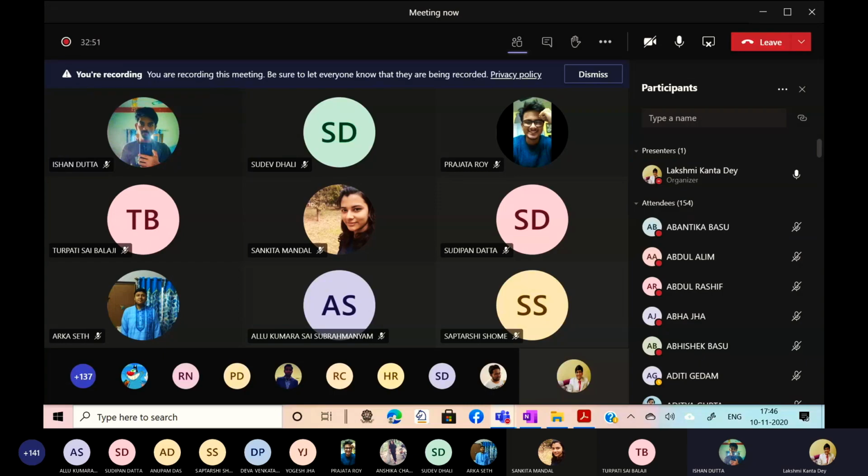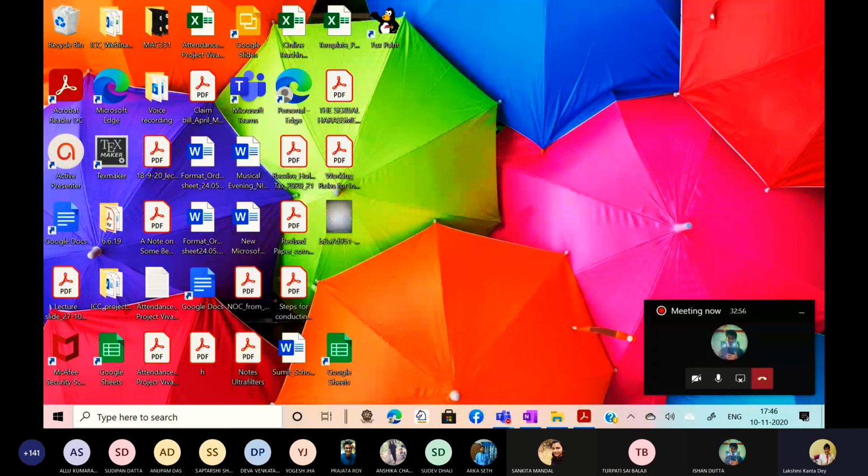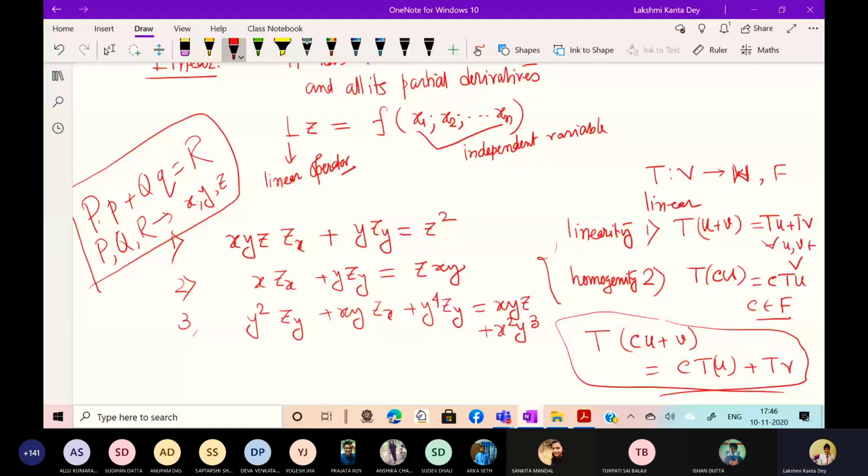Okay, what is your opinion regarding number 1, number 2, number 3? First tell what it is: linear, not linear, not linear, like that. First one, do you say linear or not? Linear, sir.